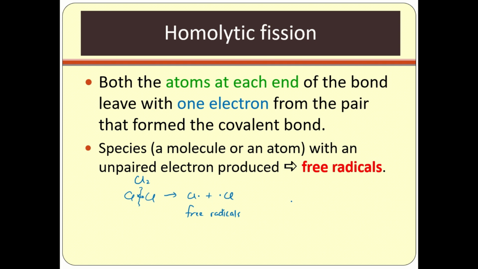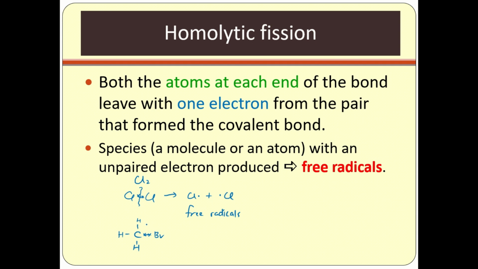But that doesn't mean that homolytic fission cannot happen on covalent bonds which are shared by two different types of atoms. For example, it can also happen in a hydrocarbon. Or maybe another example, a halogenoalkane. Between this carbon and bromine in this halogenoalkane molecule, they share a pair of electrons, a covalent bond, two electrons.